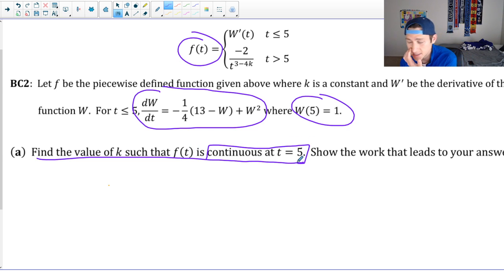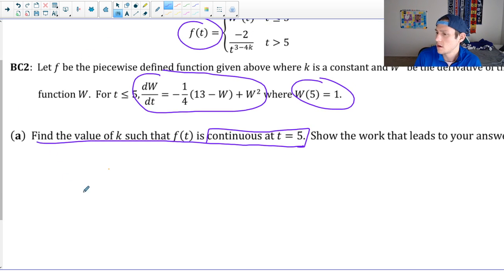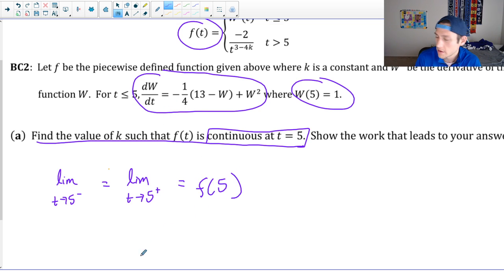All right, so going back to talking about continuity. It's been a while since we've proved something is continuous or not. Okay, so a reminder of what it means to be continuous. That means the limit as t approaches 5 from the left would be the same thing that we get as t approaches 5 from the right, which would be the same thing that we get if we actually plug in f of 5.